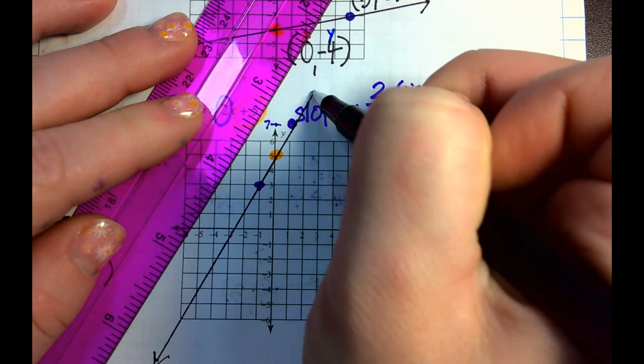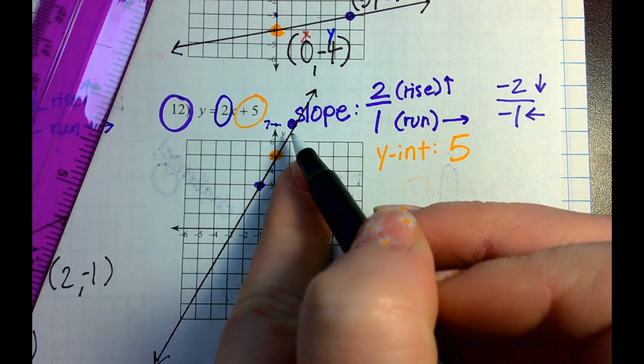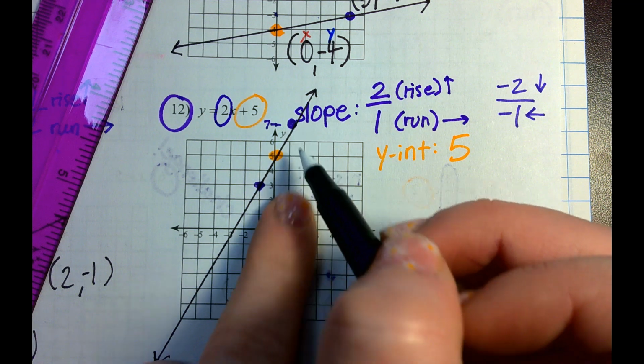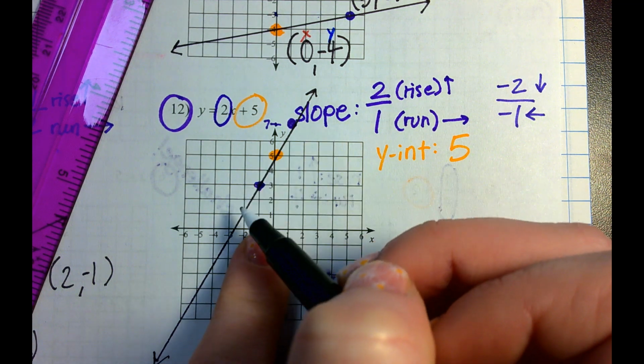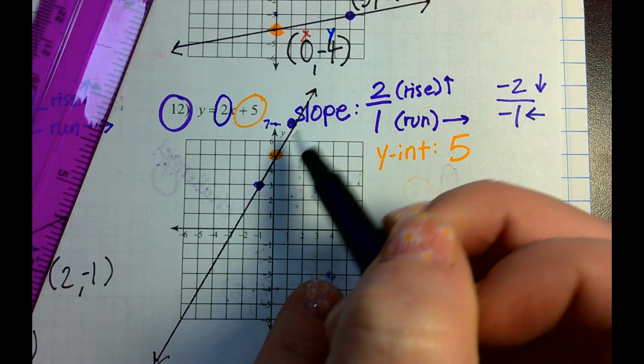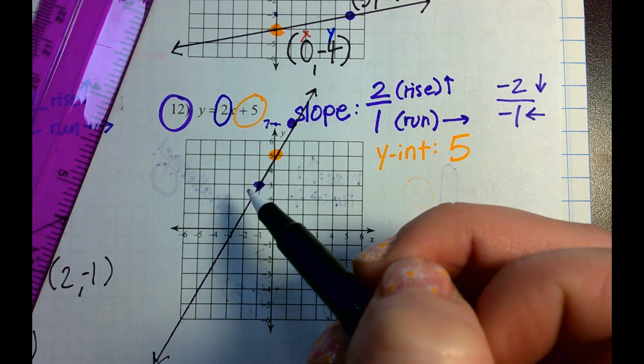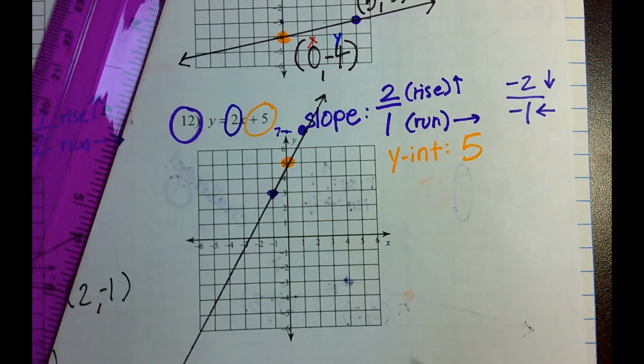Okay, you see how this is the second point that we found if we did positive numbers. If I decide to just kind of flip the slope around, it's a point that this line is going to be on anyway. Okay, we just went a different direction to find it. So you could do that with any slope.